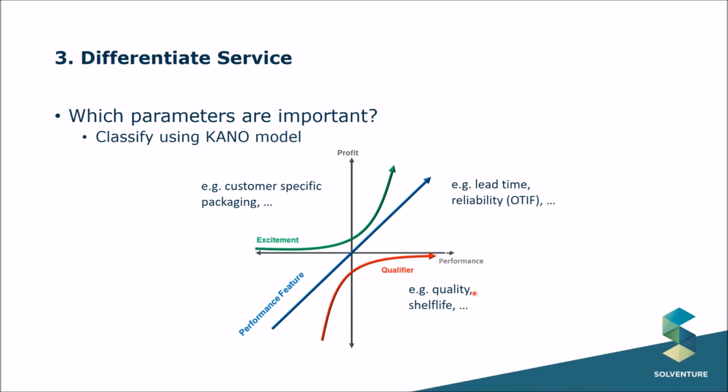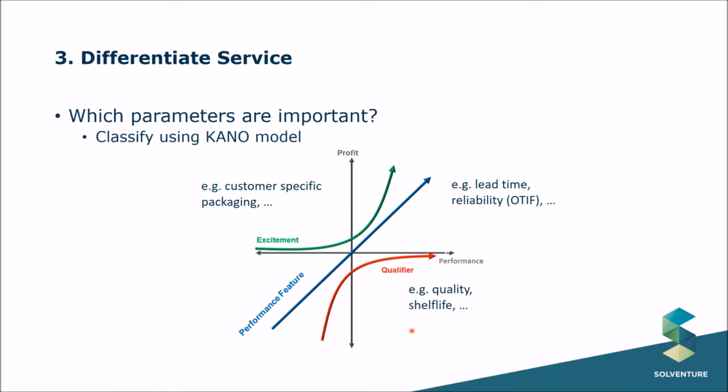An example is quality or shelf life. If you have poor quality, you won't have any market. But if you just have average quality, it will be fine. And if you have very high quality, the performance won't be bigger.